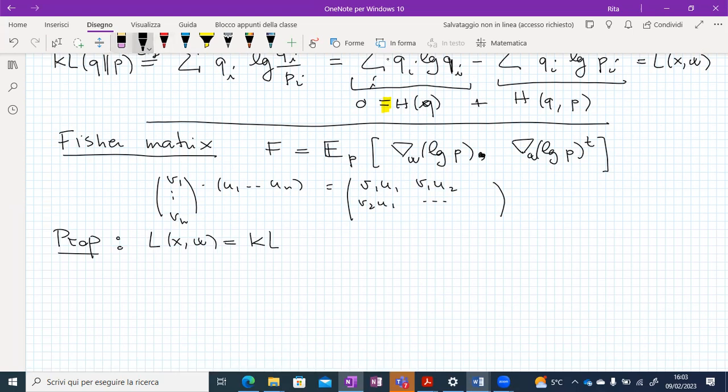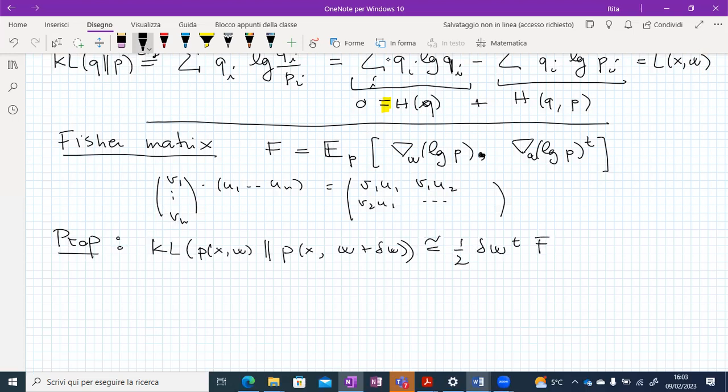No, I don't want to say this. I want to say something different. No, it is related to the loss, but is not equal to the loss. The Kullback-Leibler divergence of P of X is equal to 1/2 of the Fisher.